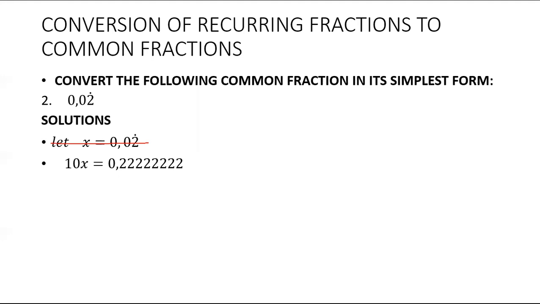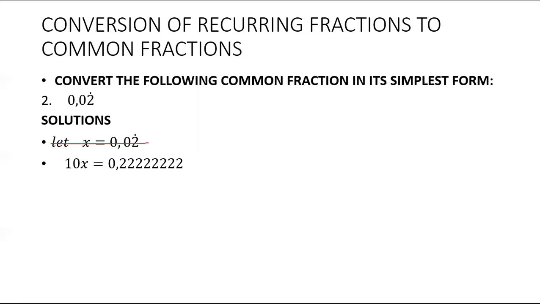Now the one that I'm left with, I have one recurring decimal, which is 2. Meaning that I'm going to multiply both sides by 10. 10 times 10 is 100x. On the right hand side, what is 10 times 0,222?